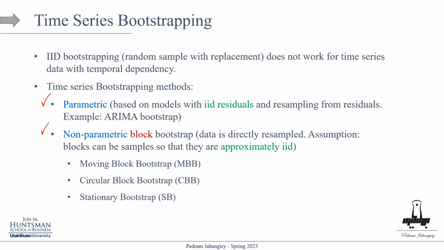Yes, the time series itself is not IID, but we're going to put the data in different blocks, and then we assume that those blocks are IID, right? Depending on how we define those blocks, we can come up with different non-parametric block bootstrap techniques, and we're going to cover 3 of them here: moving block bootstrap, MBB, circular block bootstrap, CBB, and stationary bootstrap, SB.